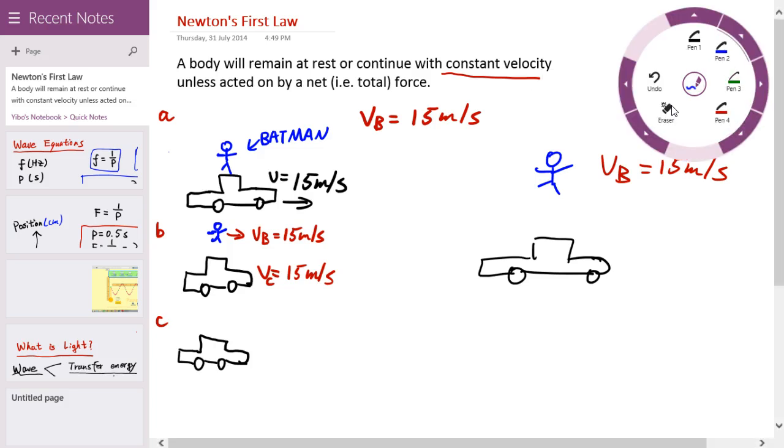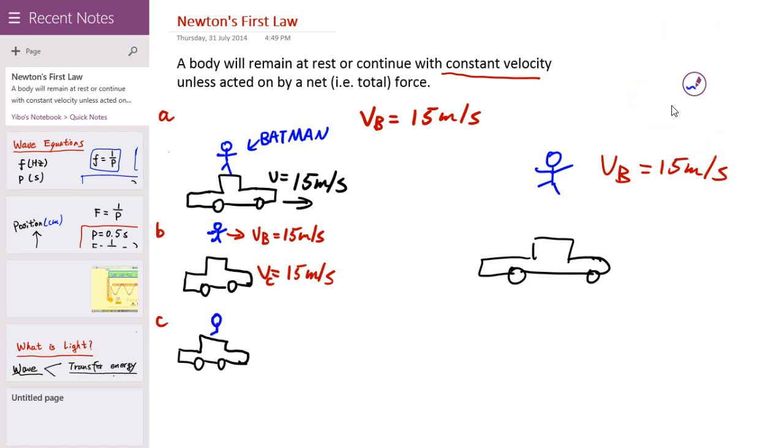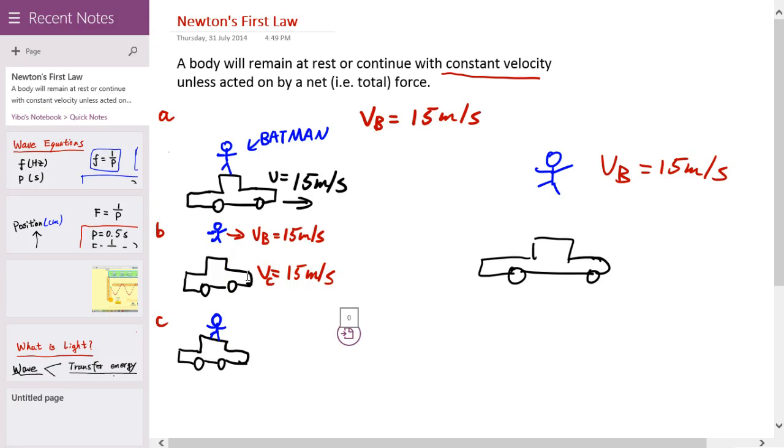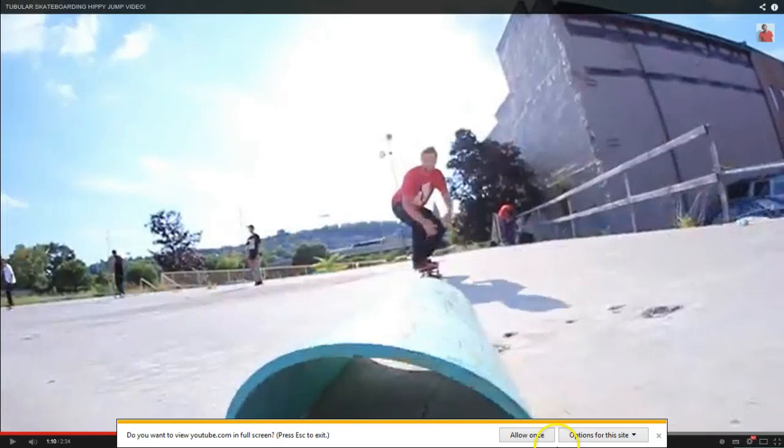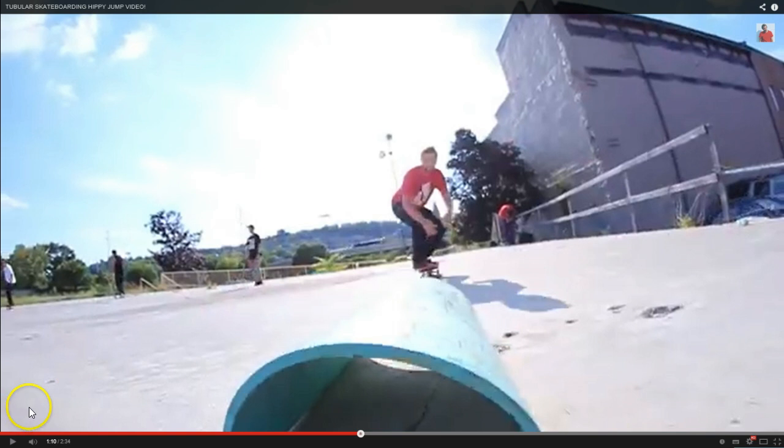Assume there's no friction. In figure 3, Batman will return to the top of the car. This is exactly what happens when people play skateboard and jump.